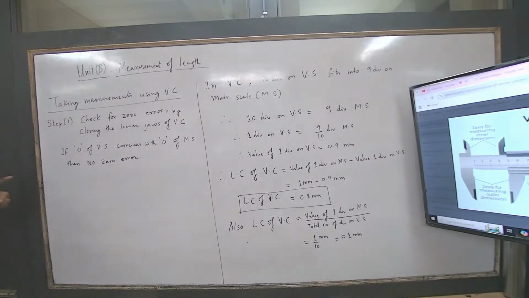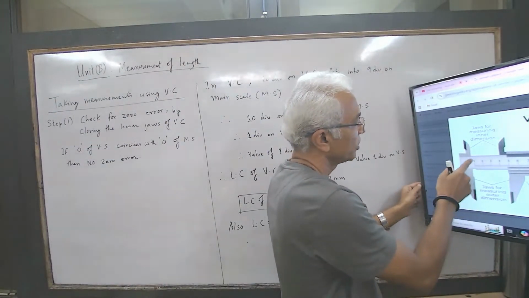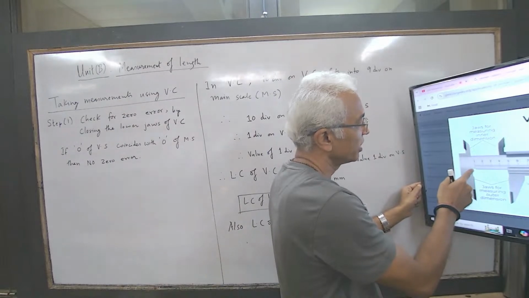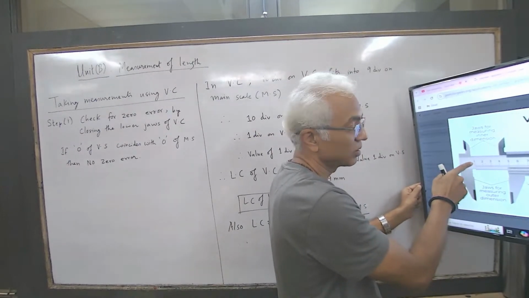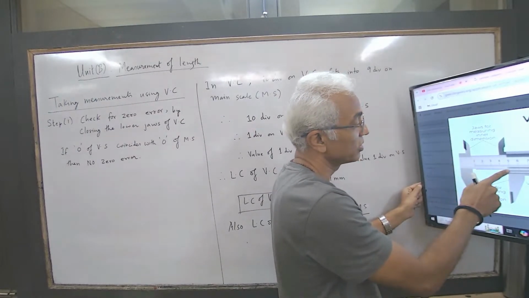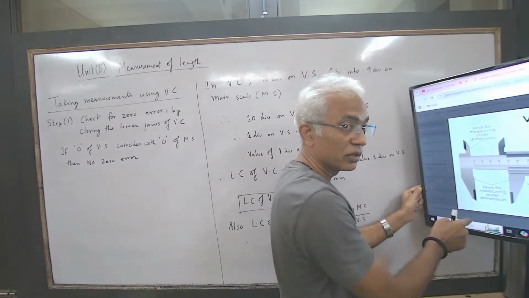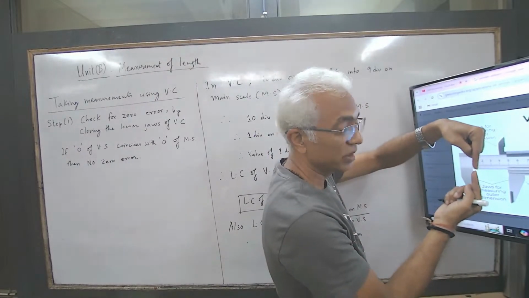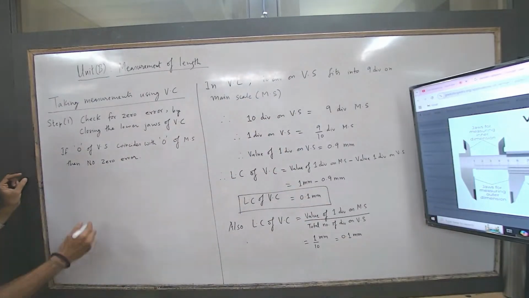So first thing, you are making sure whether there is a zero error or not. You first close the jaws together. This is zero of main scale. It should start with zero. In your book you see zero, and this division is also zero. When they are exactly below each other, then the zero of the vernier is coinciding with zero of main scale. So in that situation there is no zero error.